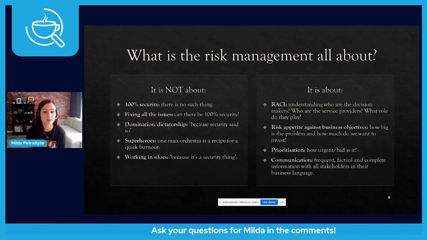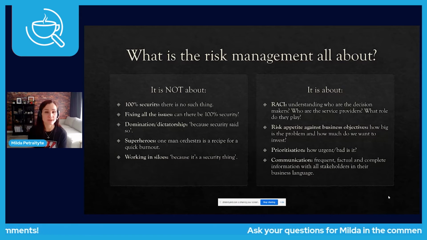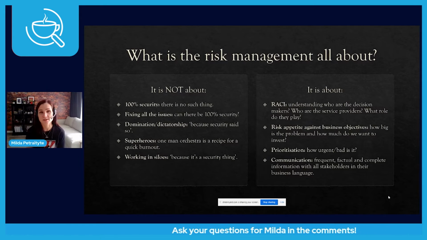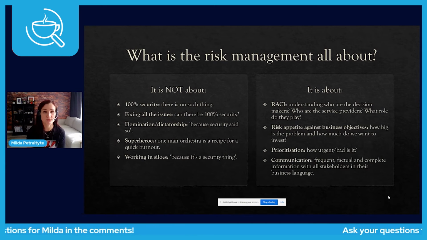So if we try to have 100% security, it will be a never-ending effort, which is actually futile. Also, related to that is wanting to have all issues fixed. And as I said before, there's no 100% security.